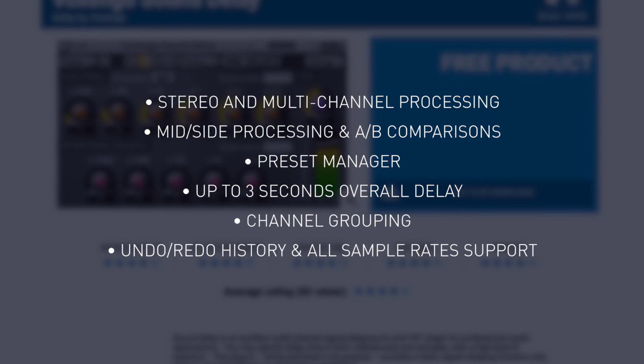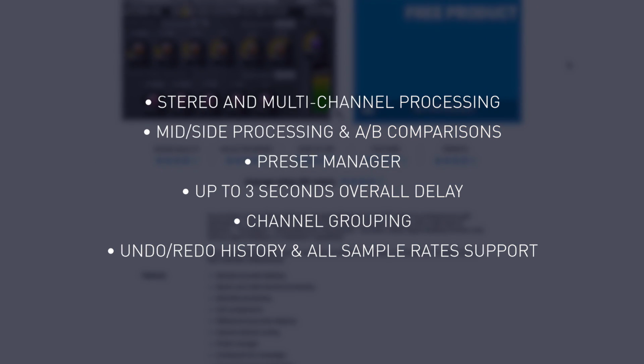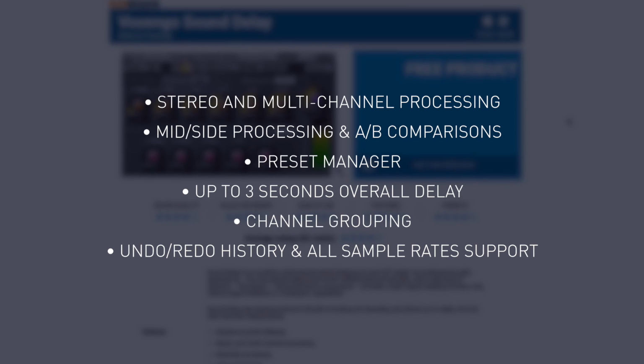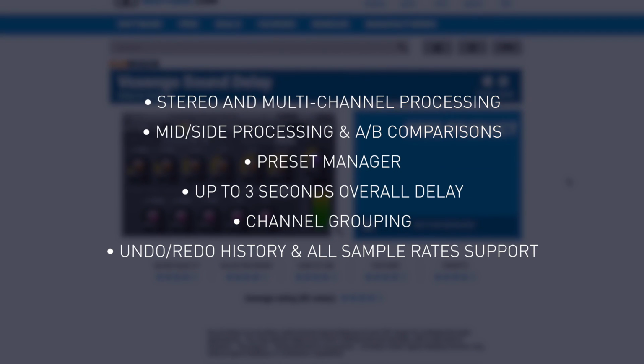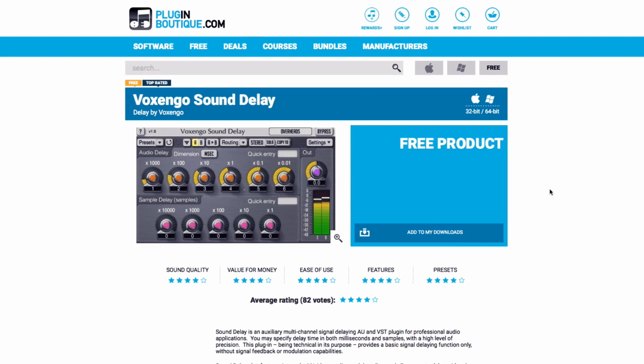There's no signal feedback or modulation capabilities like some of the other plugins, but it does include internal mid-side encoding and decoding, which allows you to delay the mid and side channels independently. And for a free plugin, you're getting typical quality from Voxengo, along with the mid-side feature, so recommended.